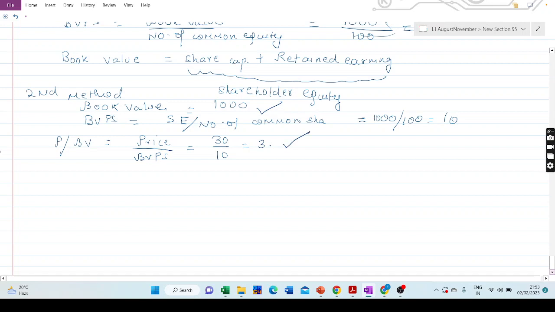How to interpret this number? How to interpret price to book value?